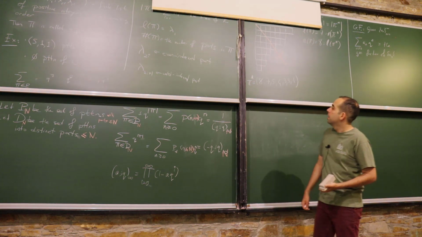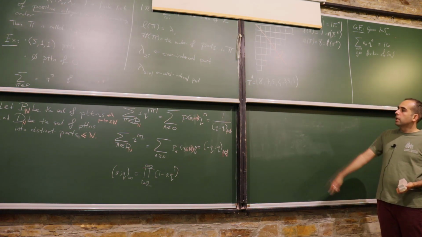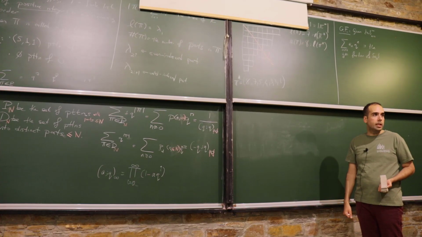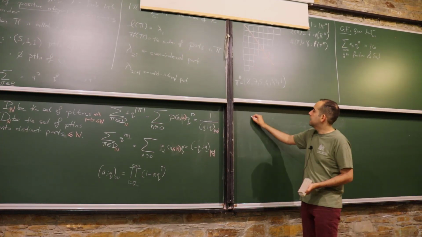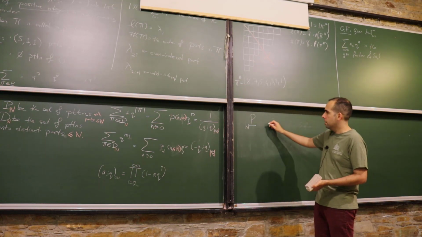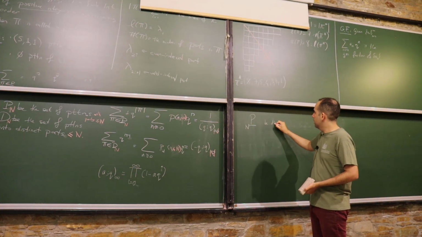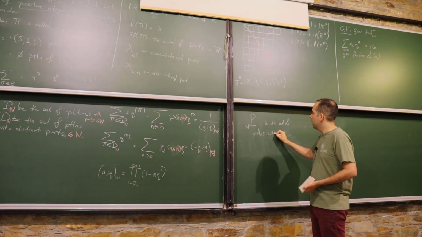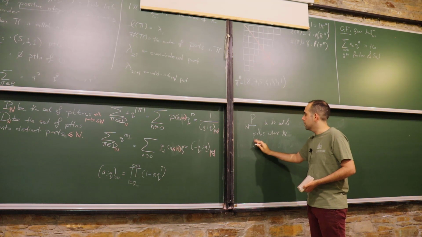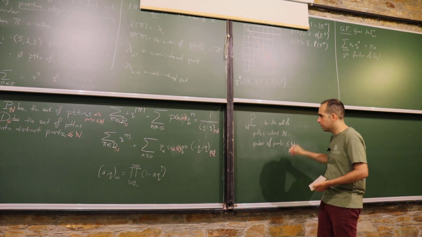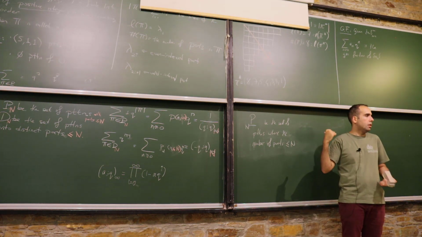Now, here's one more thing. I said P_n be the set of partitions with all the parts being less than or equal to n. What if I define this different set, sub n of P, which is the set of partitions where the number of parts are less than or equal to n? What do you think the generating function of this is going to look like?